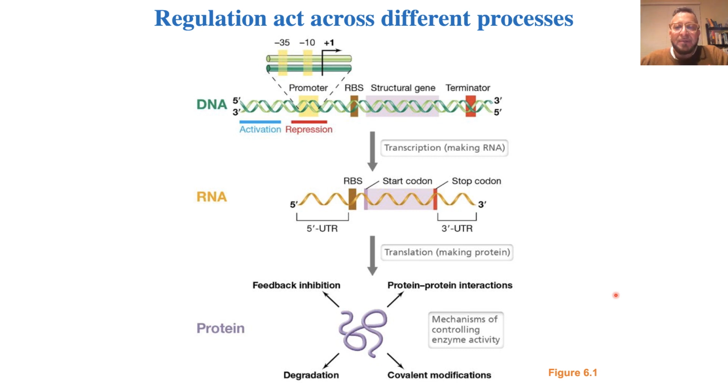After the transcript has been made and we have messenger RNA, we can also have regulation at the RNA level, especially because the RNA has 5' untranslated regions as well as 3' untranslated regions. At the end, we can make a protein out of that mRNA, and that protein can be controlled by different enzymatic mechanisms, including feedback inhibition, protein-protein interactions, degradation, as well as covalent modifications.